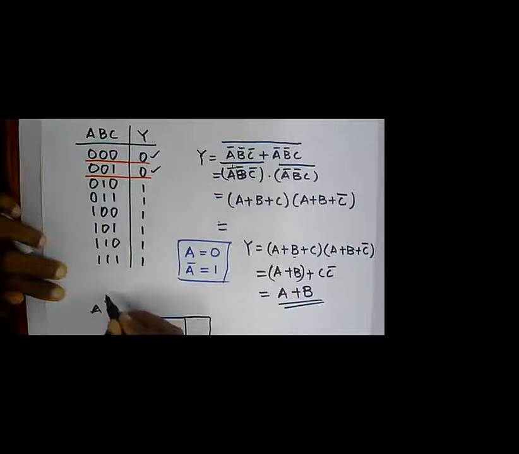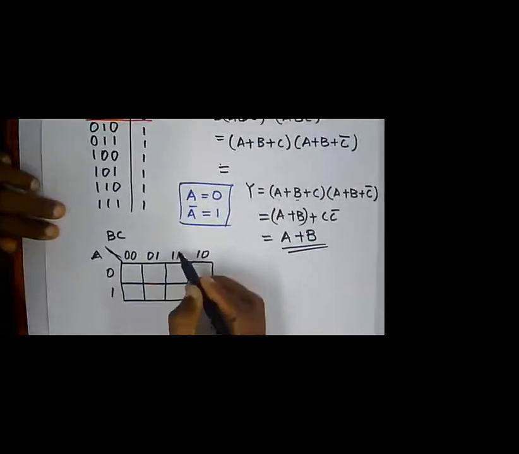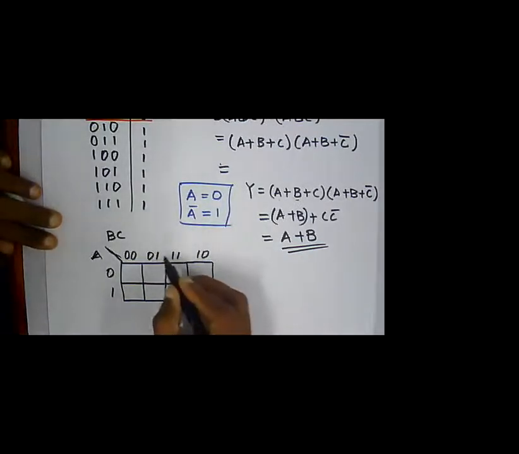So let A be here, and B and C will go to the second stage. A is 0 and 1, so this will be 00, 01, 11, and 10. You all know why we have this 11 next to 01, right? Because only one variable must be changing when you are doing a pair.